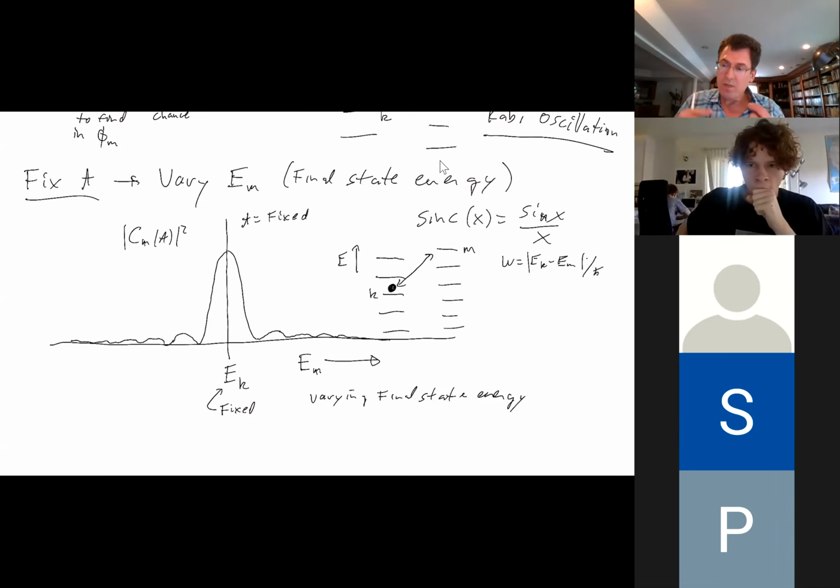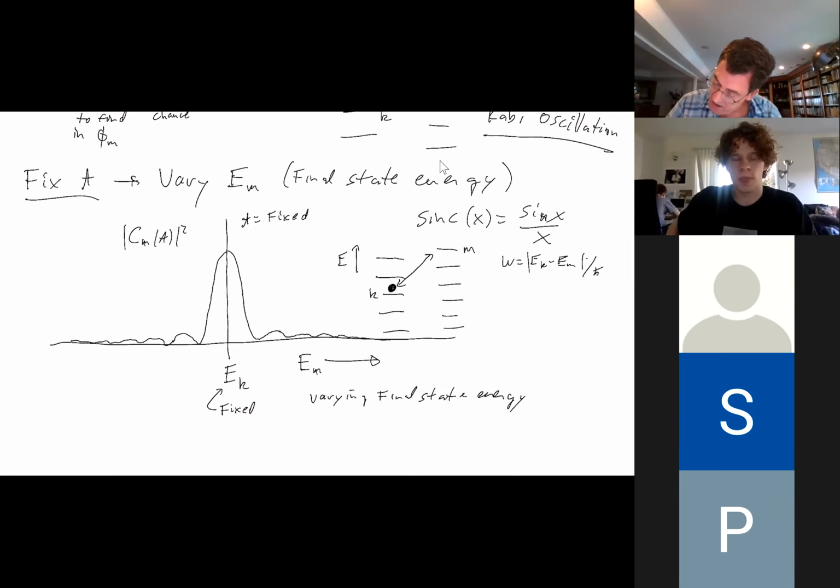And so we're integrating this oscillation. So Cm of t is equal to the integral of the oscillation, and the oscillation is oscillating at omega equals Ek minus Em over h bar.